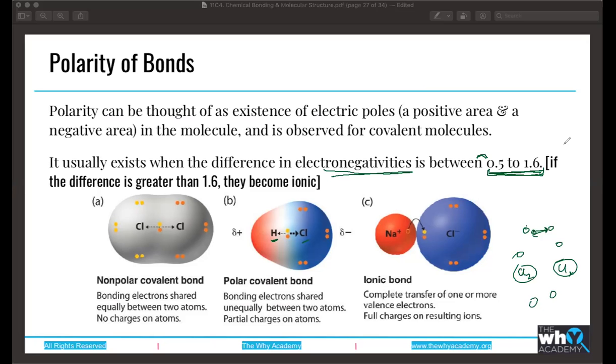So the kind of bond you can expect between a metal and a non-metal is going to be ionic because of the high difference in electronegativities. One is way, way better at pulling the electrons than the other. So it's going to be ionic. One is just going to pull the electron towards itself. You can see here, the 3s1 electron of sodium is transferred to chlorine. So you basically end up with Na+ and Cl-.